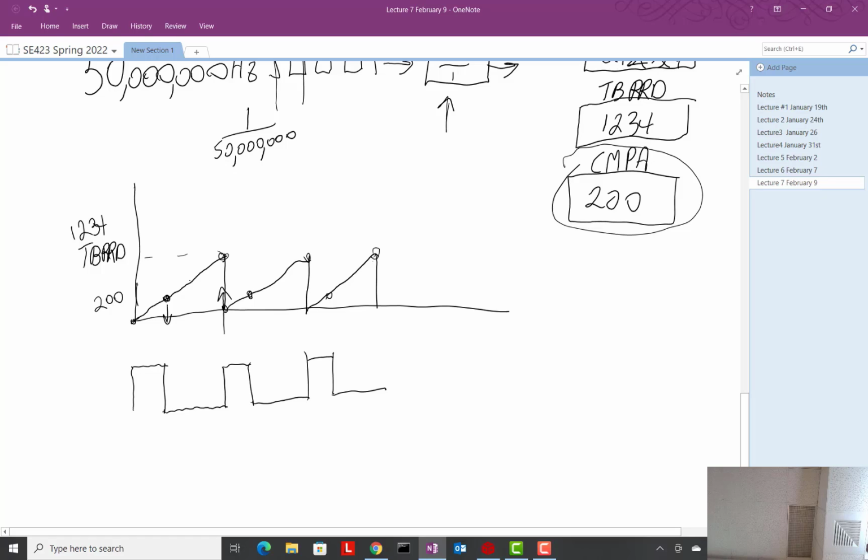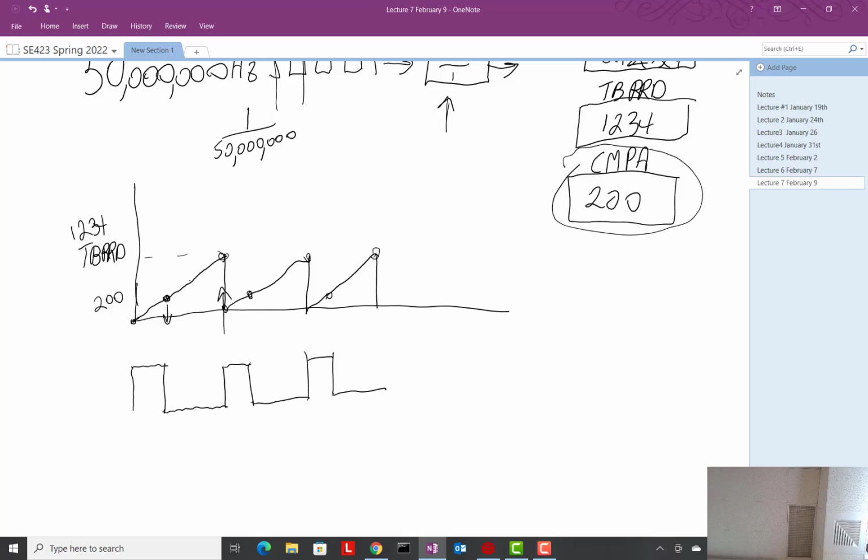Okay? And look, what if we change now, compare A to 500? Or better, let's say 617. What would be our duty cycle? Whatever half that is. 50%, right? What if we change the value of compare A to 75% of 1234? It'd be a 75% duty cycle.